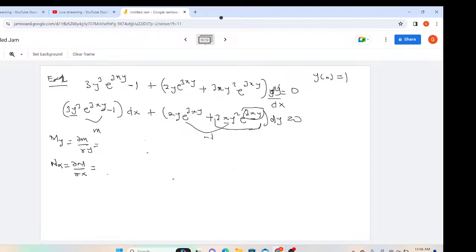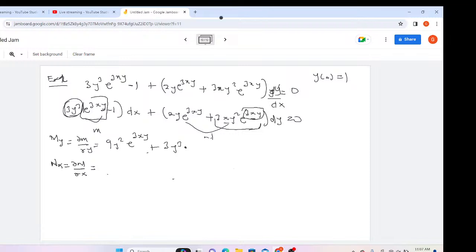Now we want to differentiate m with respect to y. This is our m. In differentiating this with respect to y, we differentiate this portion and multiply it with this, and then we add to it, keeping this one constant, the derivative of what's here. Differentiating 3y cubed, we get 9y squared, and then we multiply that with what's actually here, e to the 3xy. Plus, now we keep our 3y cubed and multiply it with the differential of this portion.